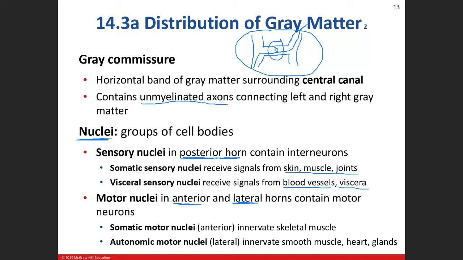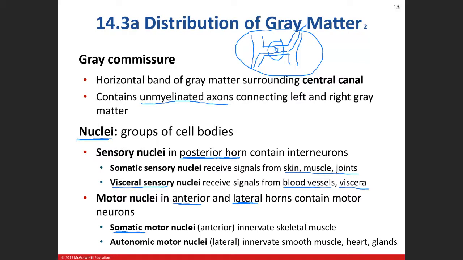So stretch in the viscera. Also, if you have low blood oxygen levels, that information is going to be detected in the blood vessels through what we call chemoreceptors, and they're going to transmit that information up to your central nervous system through visceral sensory nuclei.